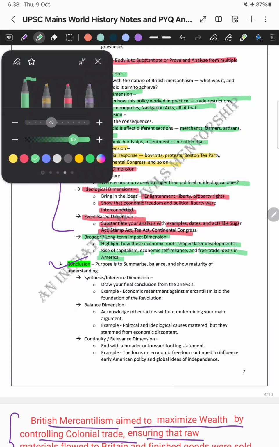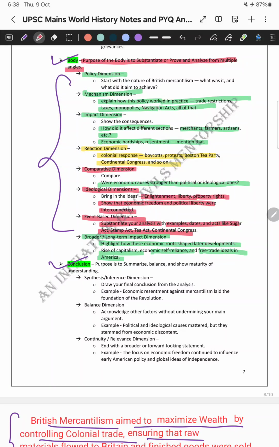And finally, we have the conclusion. So what is the purpose of the conclusion? The only purpose is to summarize, balance and show maturity of understanding. That means whatever dimensions or analysis you need to give, you have given it in the body of your answer.